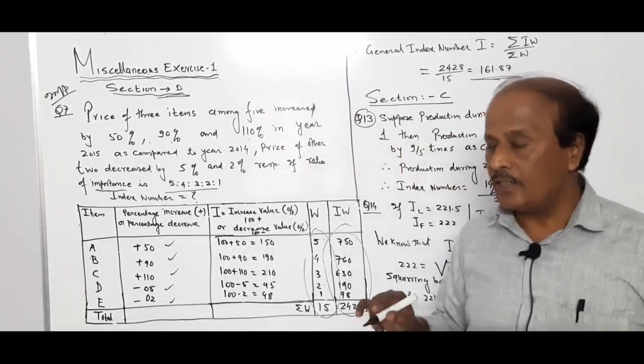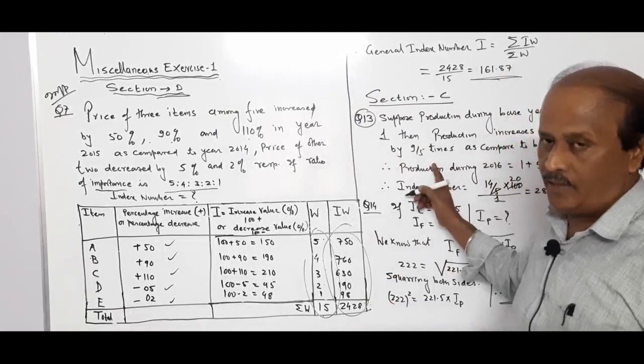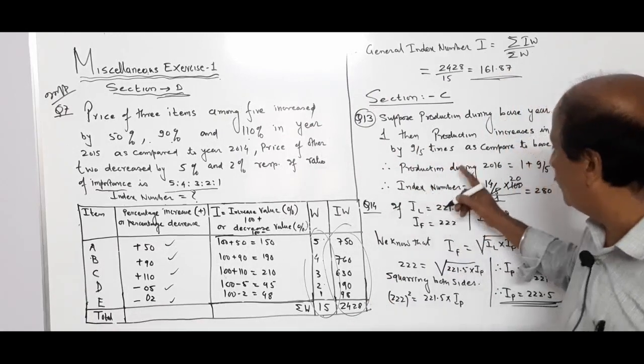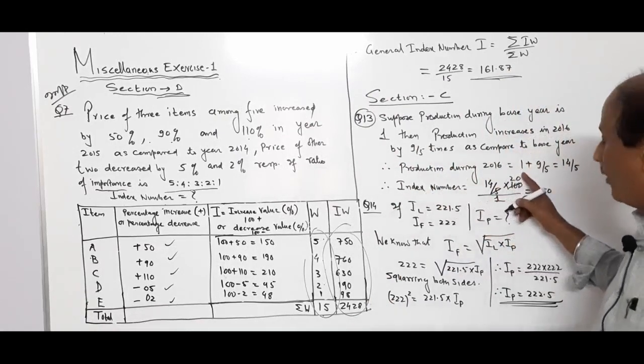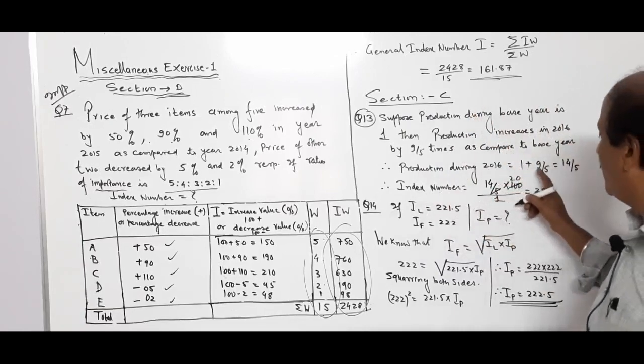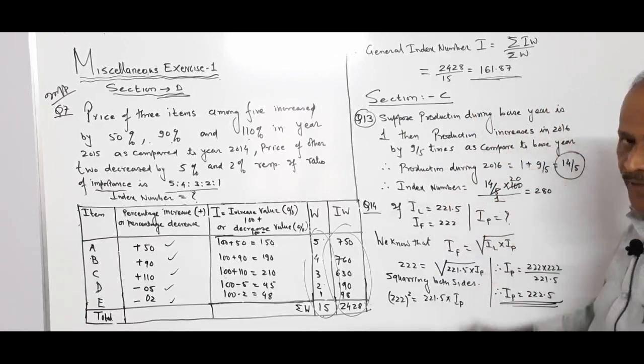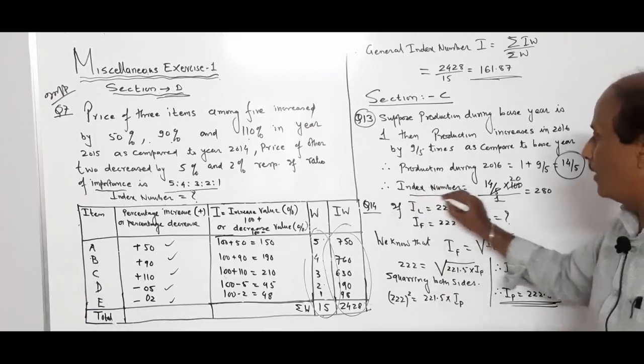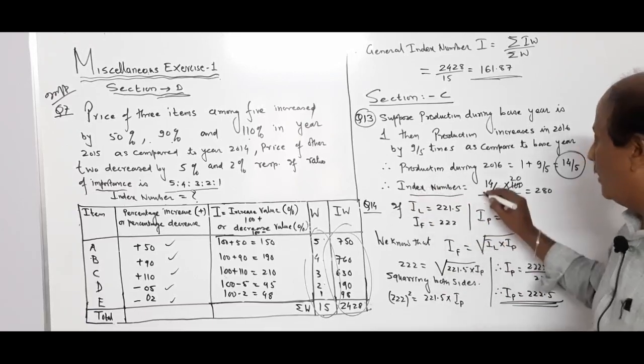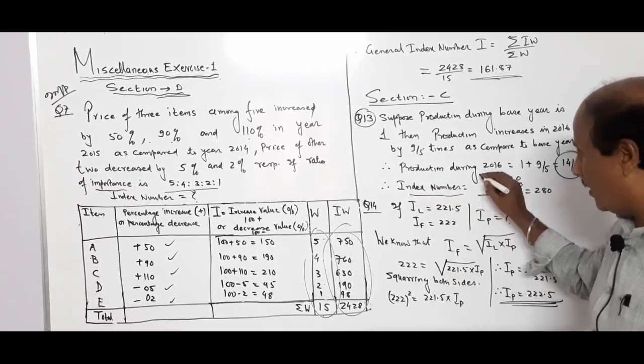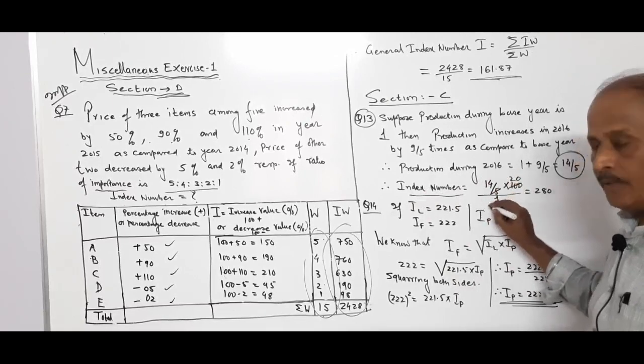Now it increases by 9 by 5 times. So production in 2016 will be 1 for the base year plus 9 by 5. So it will be 14 by 5. Now they are asking you to find a general index number. So it is just P1 by P0.